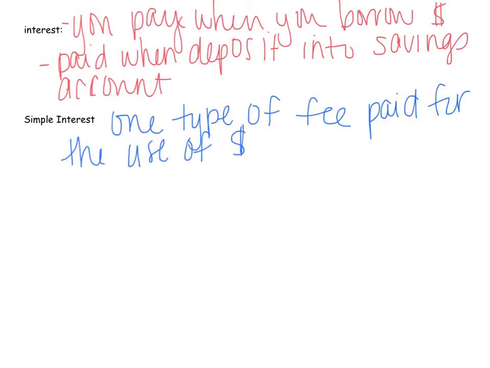The other definition that we need to get down is simple interest, and this is what we're going to focus on today, and this is one type of fee that's paid for using money.